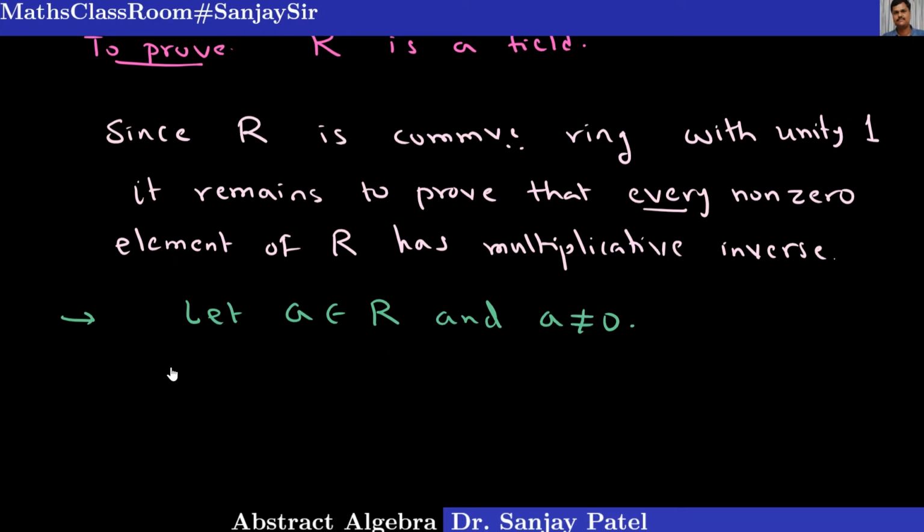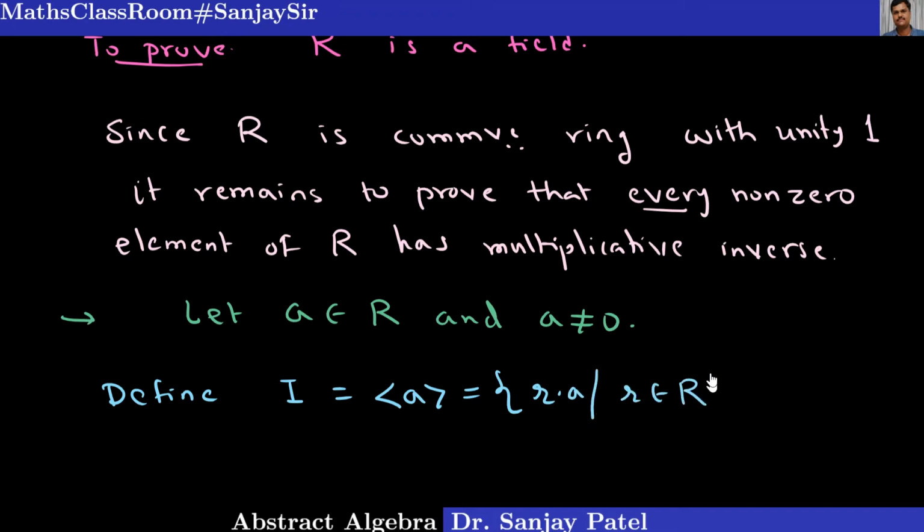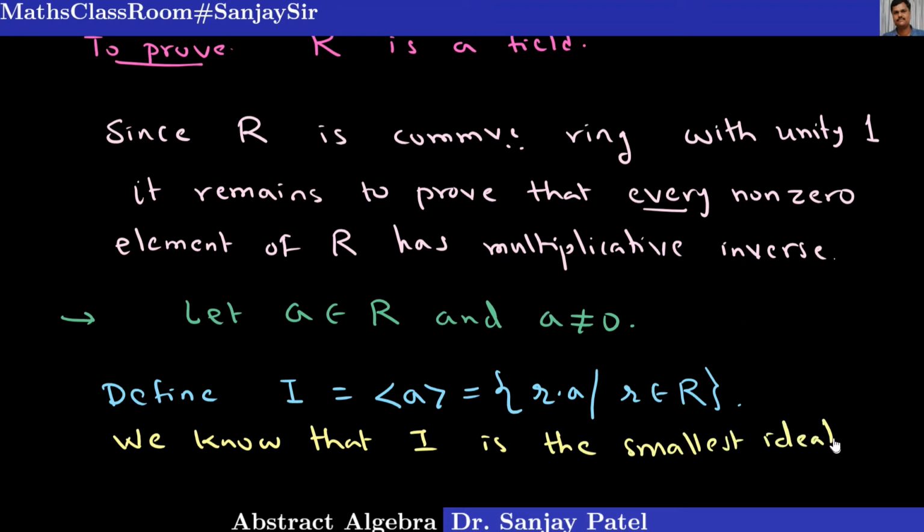Using this element a, I define the ideal generated by the element a, rather the principal ideal, as you know. So let us define the set I equal to the set of all elements of the form r times a, where r belongs to R. We know that this I is the smallest ideal in the ring R containing the element a.